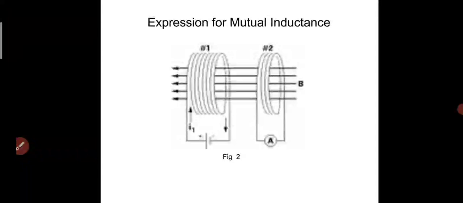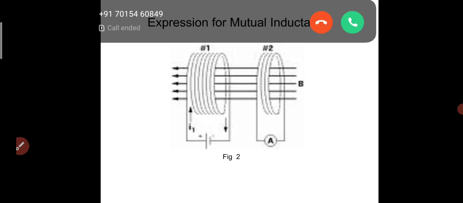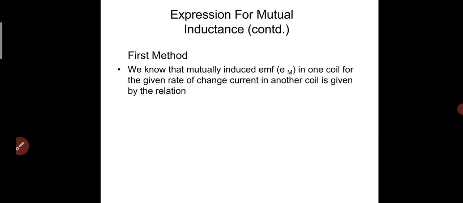Expression for mutual inductance. N1, N2 are the coils, as shown in the diagram.